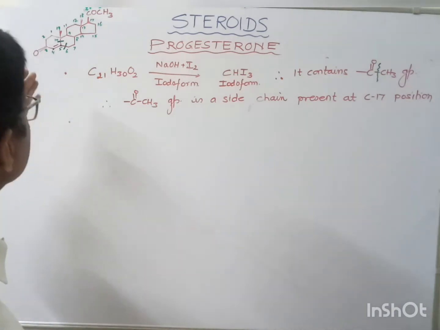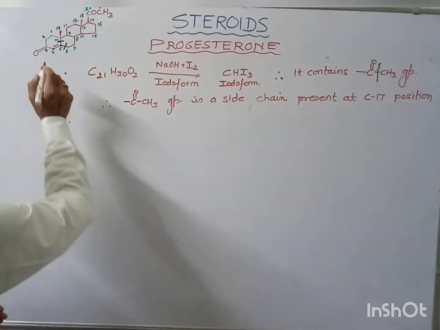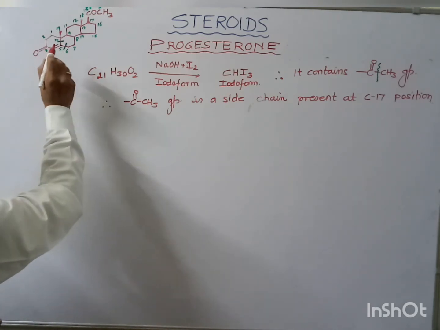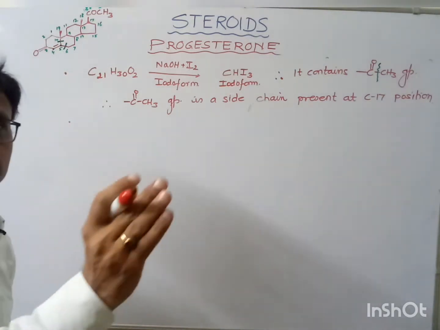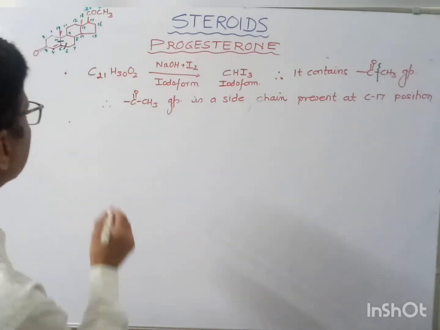As it is an alpha beta unsaturated carbonyl group, the double bond should be present at the 4th and 5th position, not the 5th and 6th position as in cholesterol.